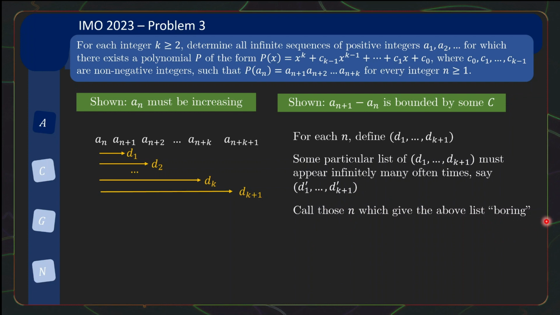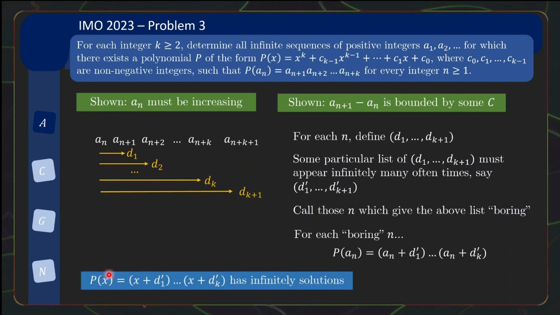So what now? For such boring n's, I'm going to put in the recurrence relation here. The thing is, for boring n's, I know what the differences are. The differences are given by the d_i primes. So I can write all these terms in terms of a_n and the d_i primes. So I have this expression here which only has a_n involved.